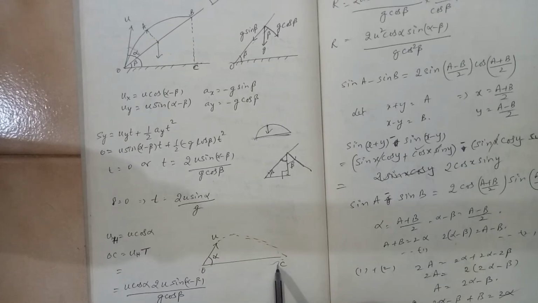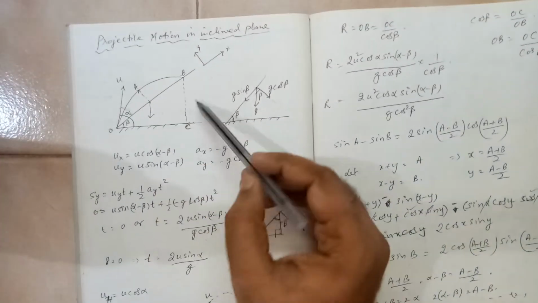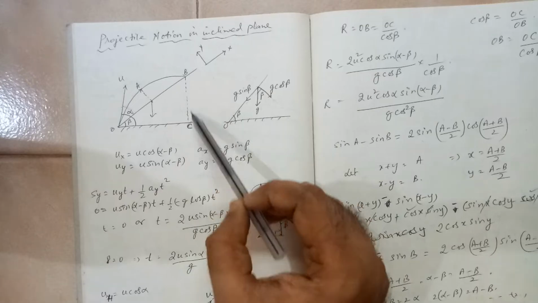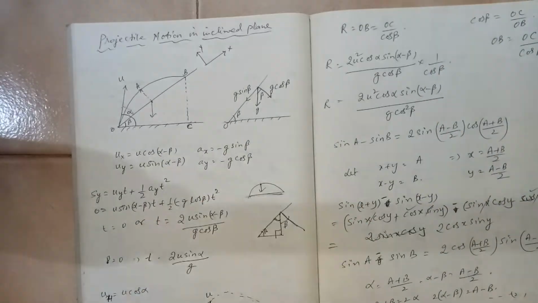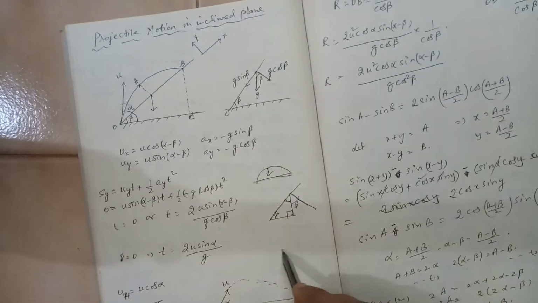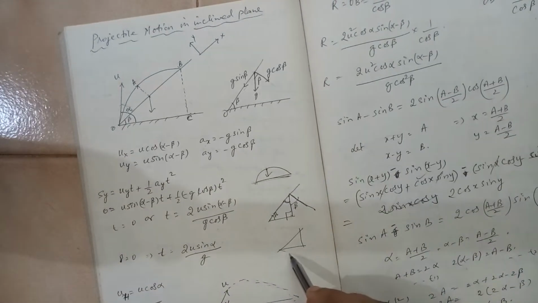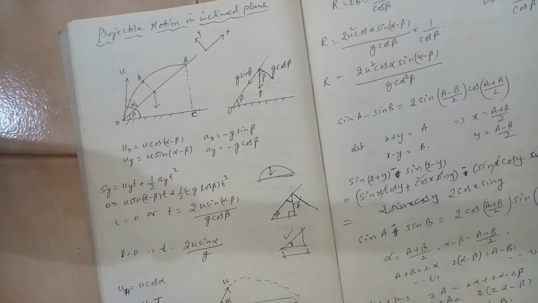And once you know OC, in this triangle you see you have OBC. If you know OC, you know this angle, OB can be found out. So here if this angle is known, this can be found out using cos beta.